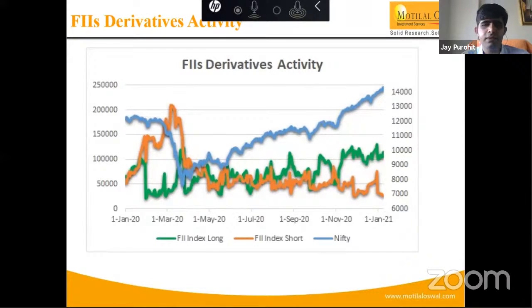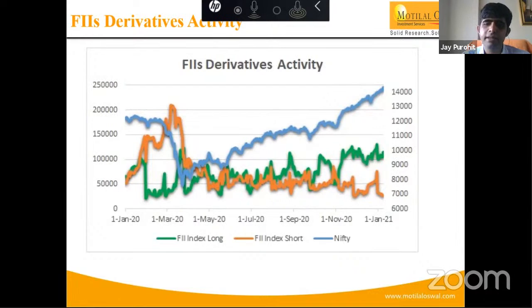Overall, if you look at the long short ratio, it is strongly in favor of the longs. The long short ratio has been remaining above 65-70% for quite a long time. In fact, when the November series ended, the long short ratio was about 76%, and it seems the long short ratio is moving into overbought territory.